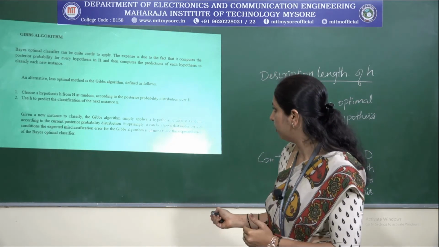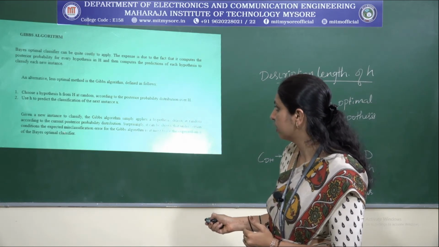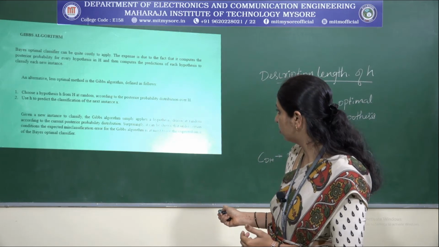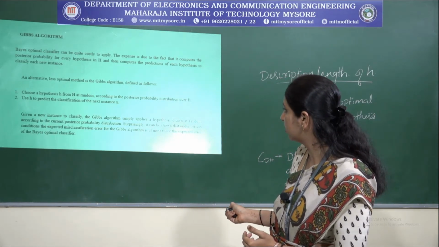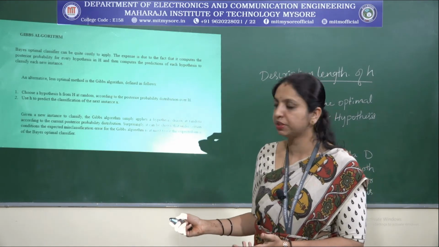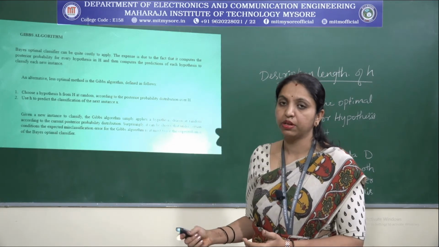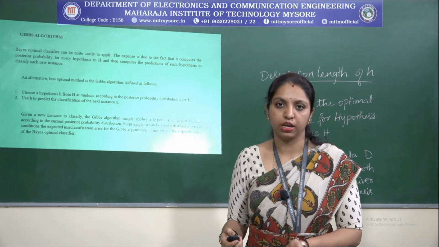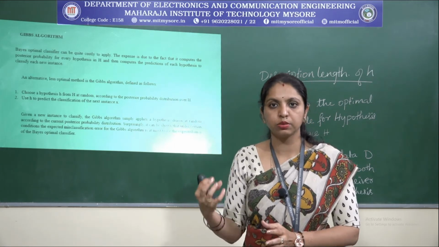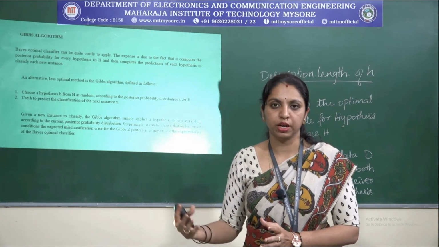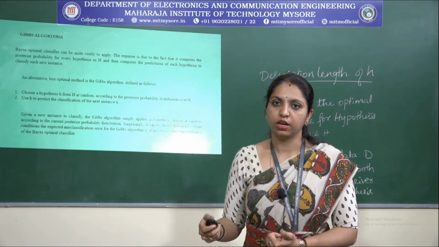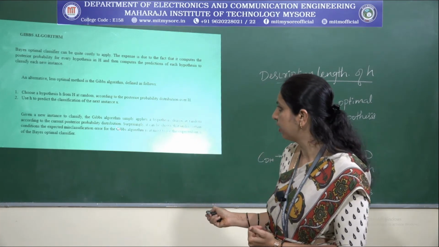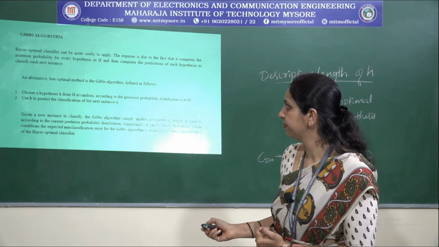But when we look at the misclassification error in the Gibbs algorithm, it is at most twice the expected error of the Bayesian optimal classifier. The reason is that it chooses the hypothesis randomly, instead of taking the maximum value out of the set of hypotheses. So that is one major disadvantage of the Gibbs algorithm.